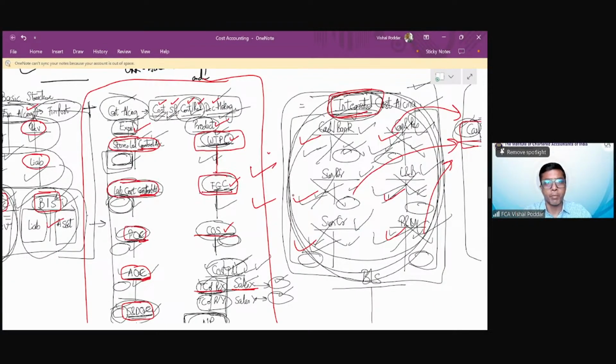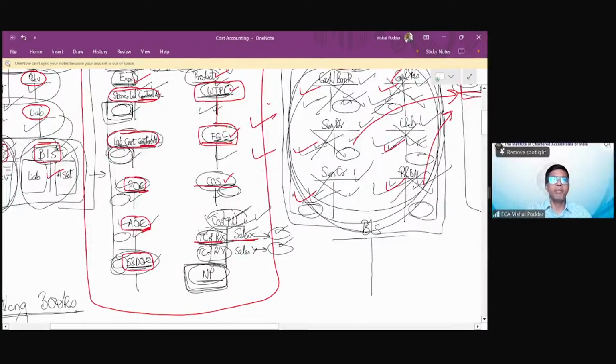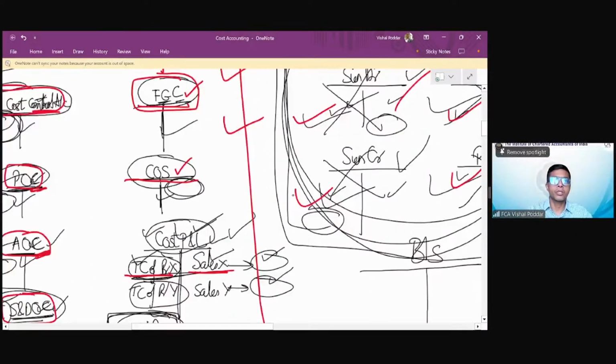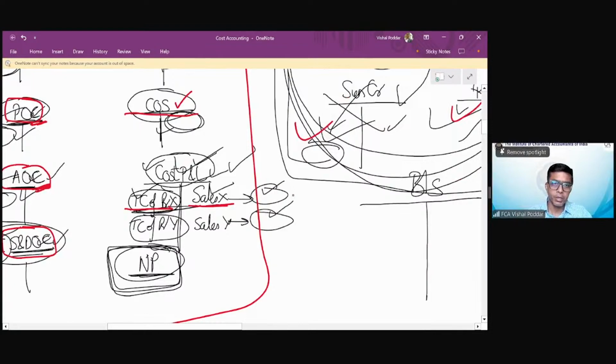Now, besides these accounts, I will have my costing P&L account. So in costing P&L account, after I do stage-wise costing from WIP to FG to COS, here I will get the total cost of my product, which is at the end of the year transferred to costing P&L account. So this is how I will get the total cost product-wise.